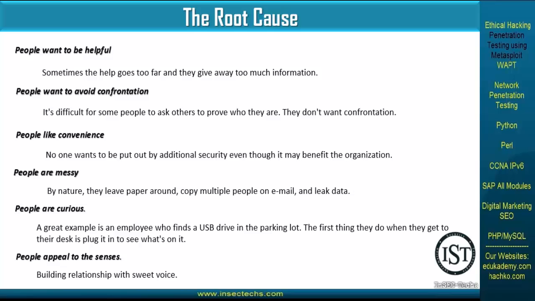And coming to the second one, people want to avoid confrontation. The best example is, let's say that I want to check into some hotel. Let's say two parties went to a hotel, in a kind of group. One guy's name is Mr. Sam, the other is Mr. John.